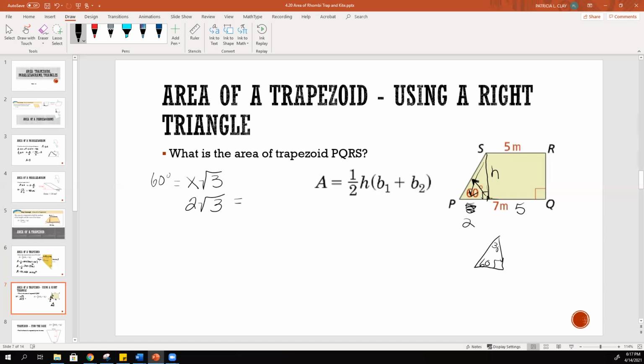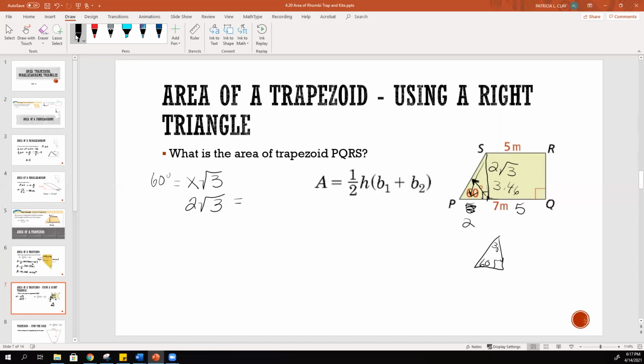Let's erase this H over here. Okay, and so now we actually can put a value right here. So the value is going to be 2 radical 3. And let's do it in the calculator just in case you all want to. So this is going to be 3.46. Okay. So now we can plug in our normal trapezoid formula.